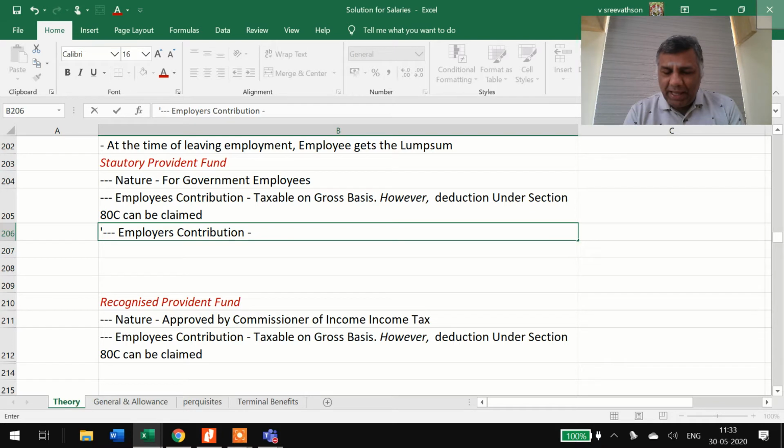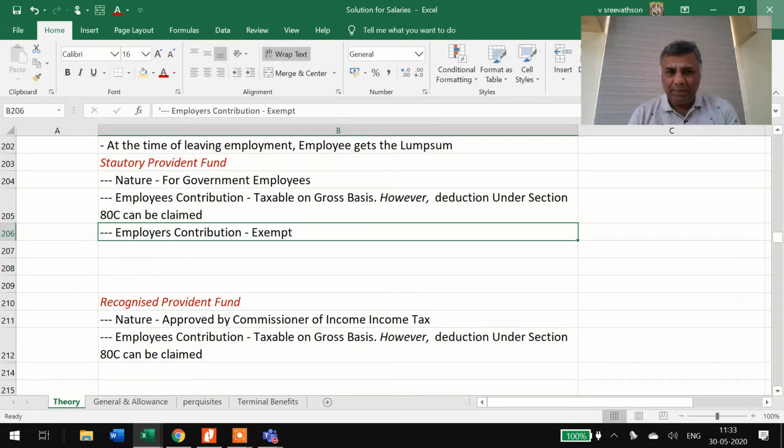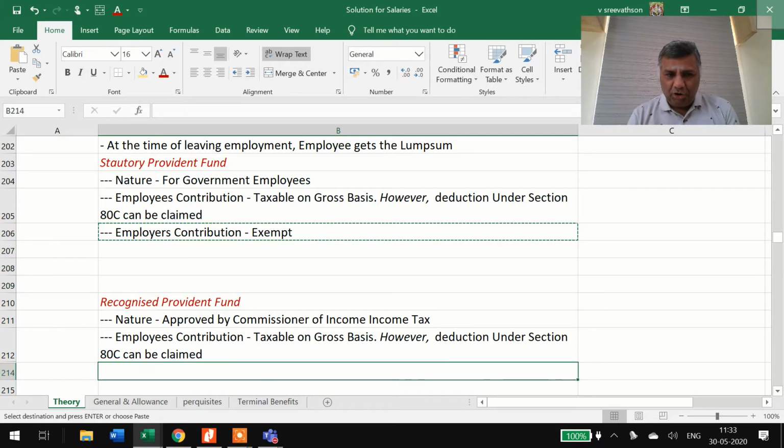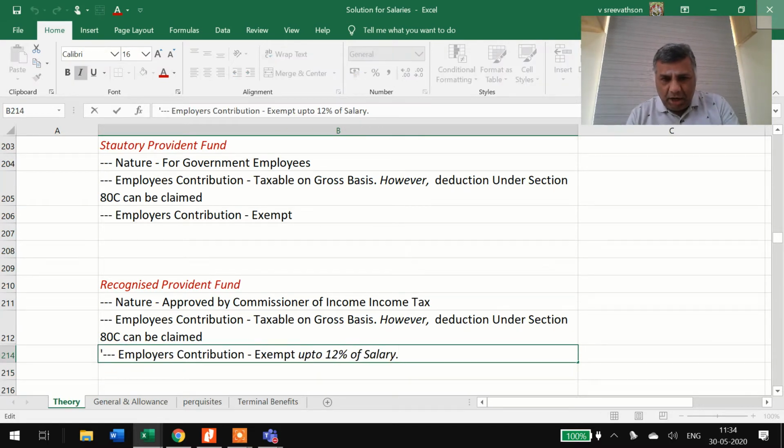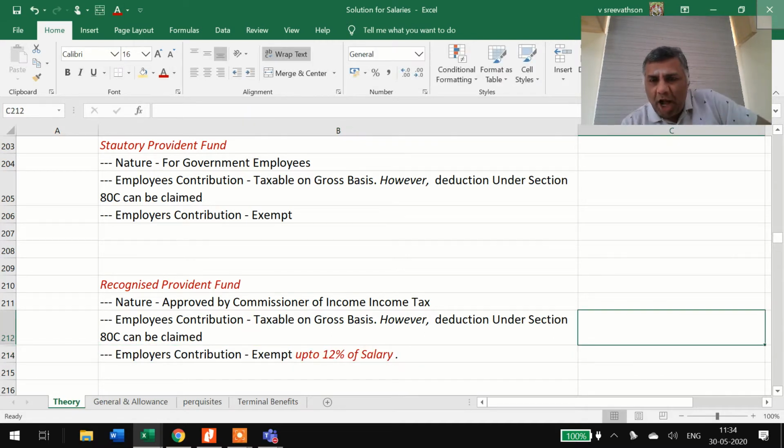In our SPF column, exempt. In our RPF column, please remember, exempt up to 12% of salary. Okay? Exempt up to 12% of salary.